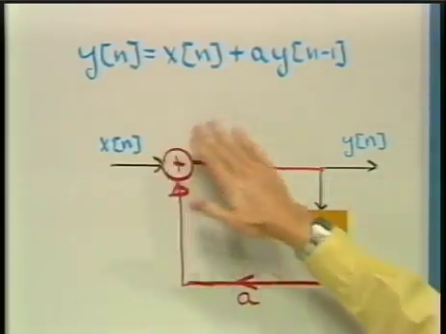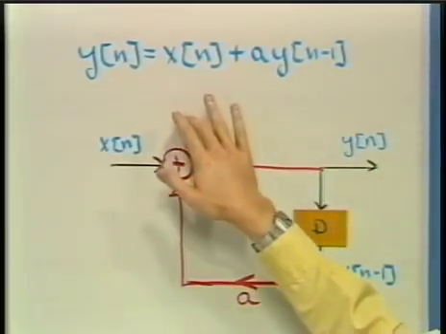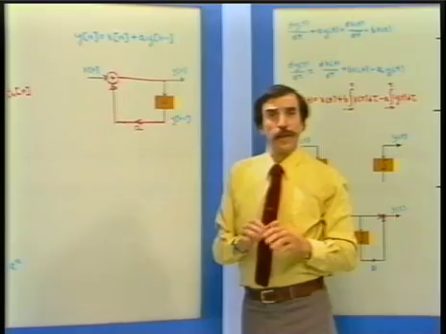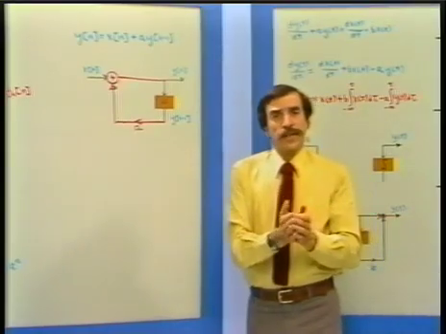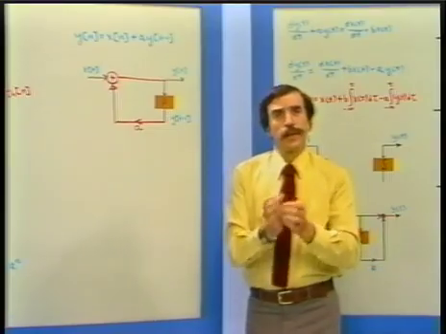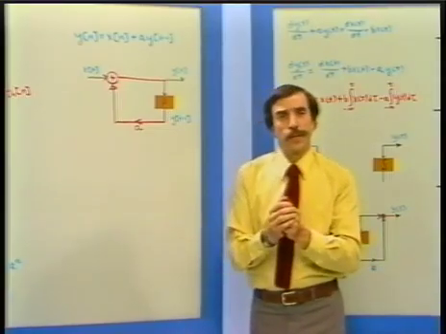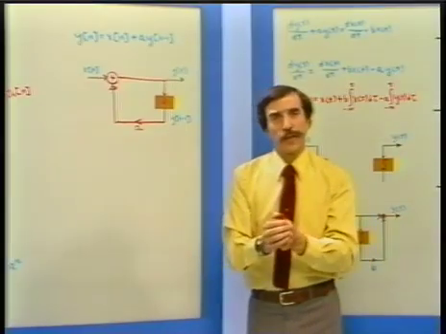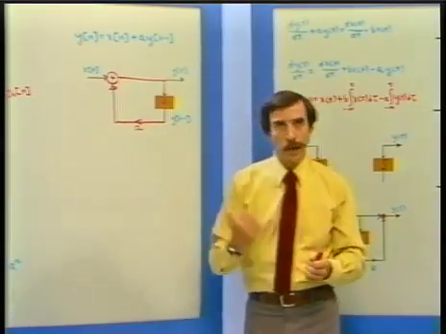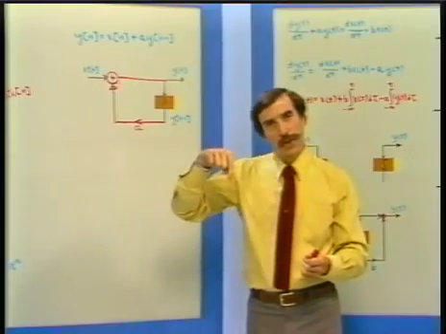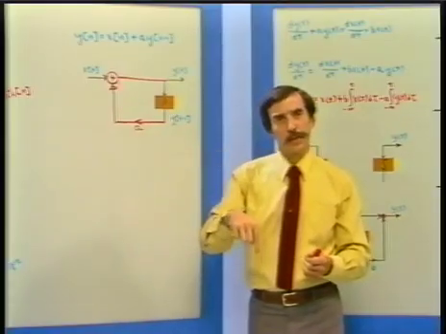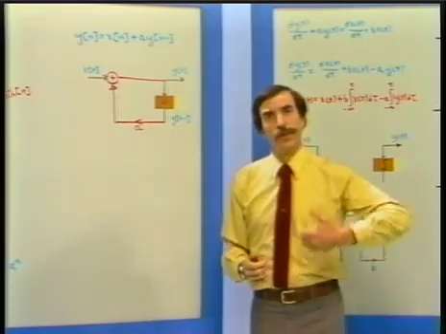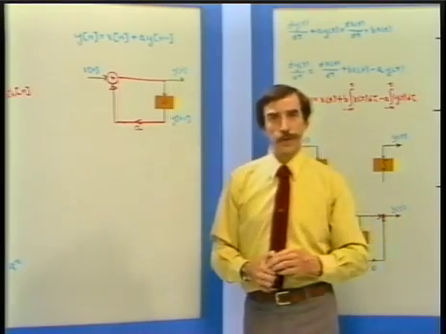So the way this block diagram might be interpreted, for example, as an algorithm, is to say that we take x of n, add to it a times the previous value of the output. That sum gives us the current value of the output, which we then put out of the system and also put into a delay element, or basically into a storage register, to use on the next iteration of recursion.